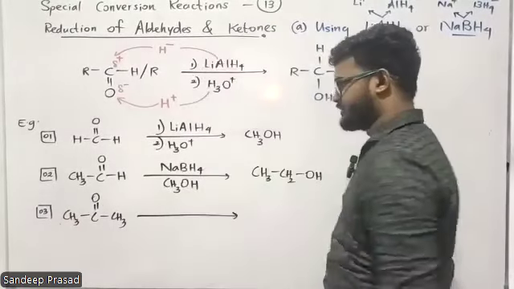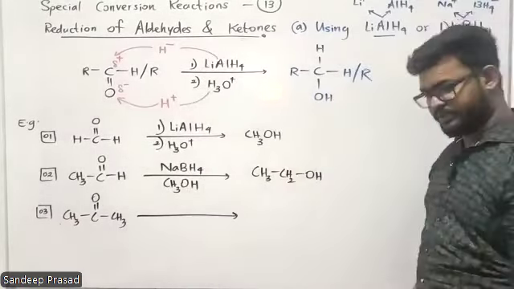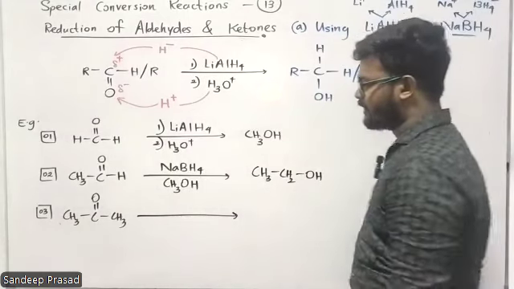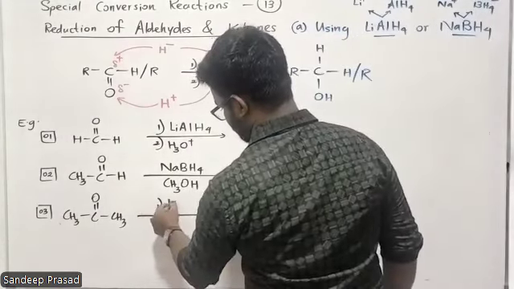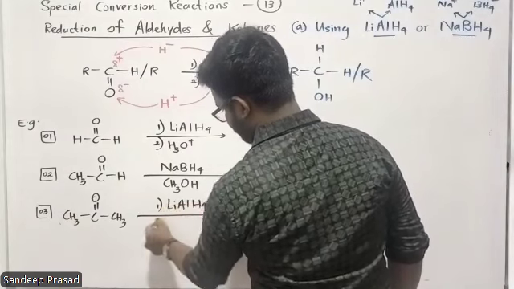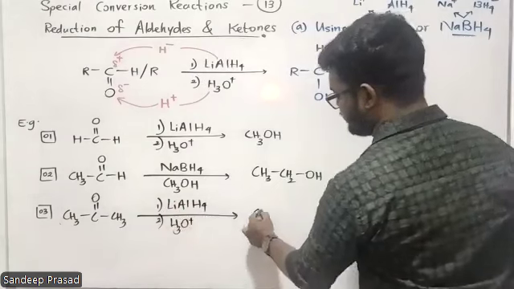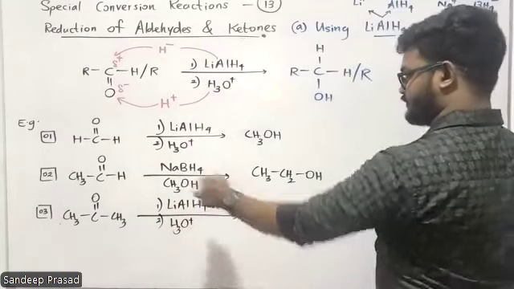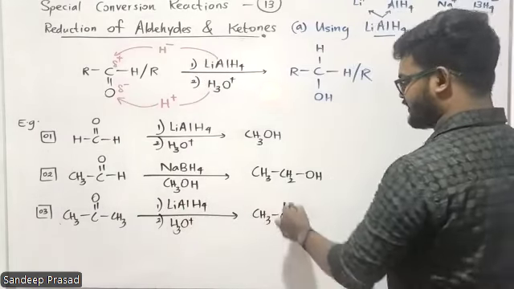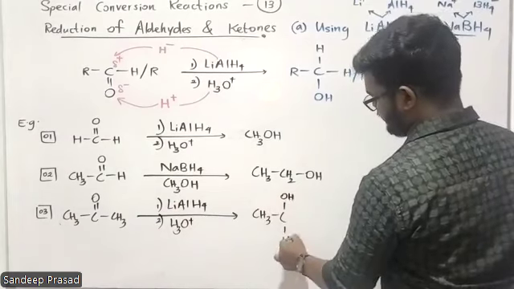Here we don't have to put 1 and 2, just put sodium borohydride and ethanol. So here lithium aluminium hydride, H3O plus, producing the C double bond O group converted into OH and hydrogen here, CH3.